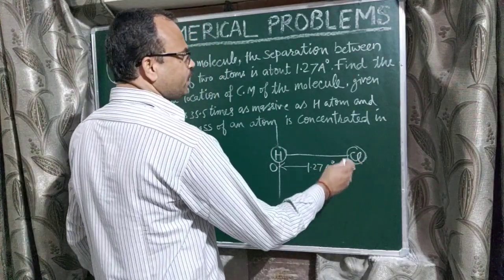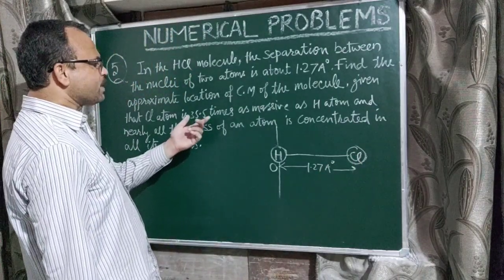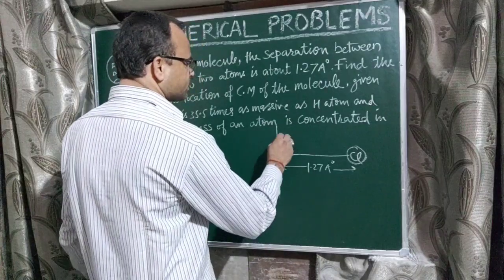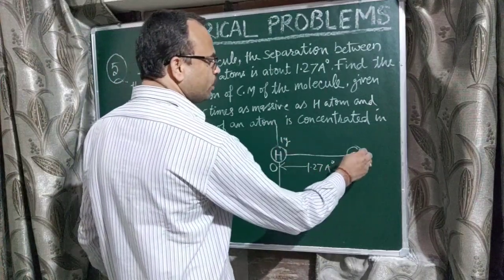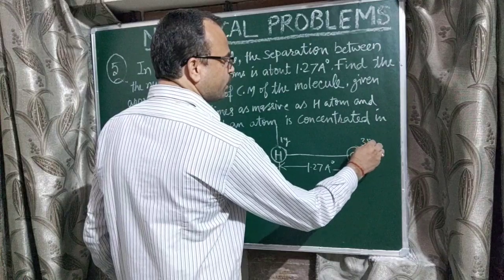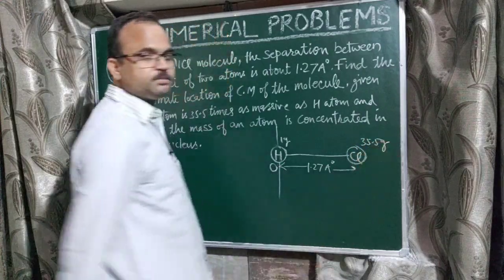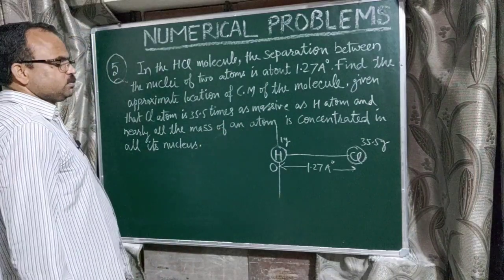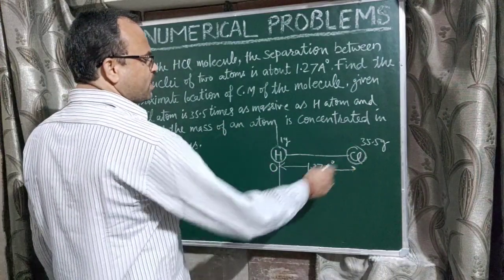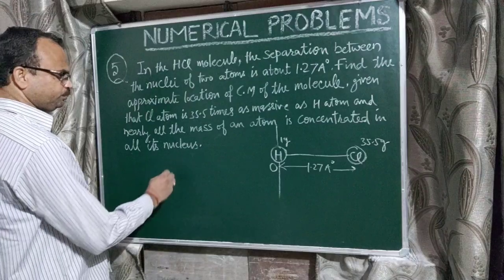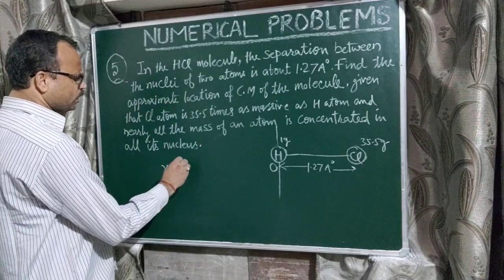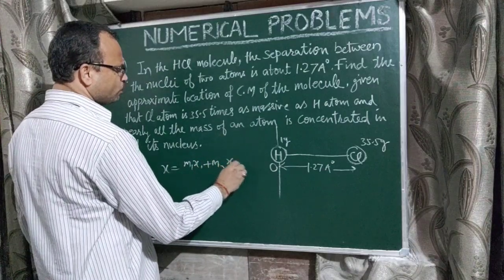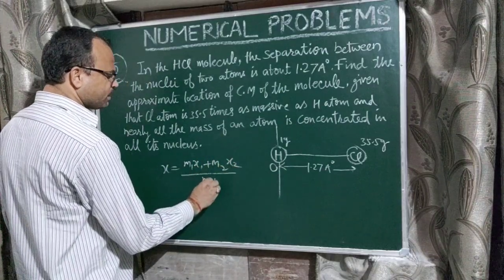The chlorine atom is 35.5 times as massive as the hydrogen atom. It means the hydrogen mass is 1 gram and the chlorine atom mass is 35.5 gram. So let us now find the center of mass of this hydrogen chloride molecule. X equals (m1 x1 plus m2 x2) upon (m1 plus m2).